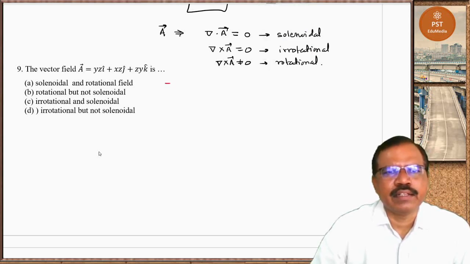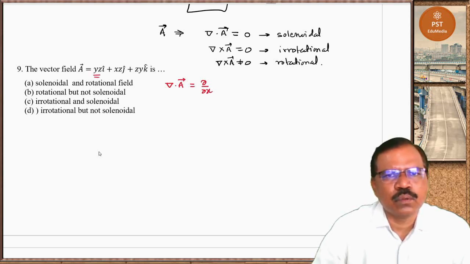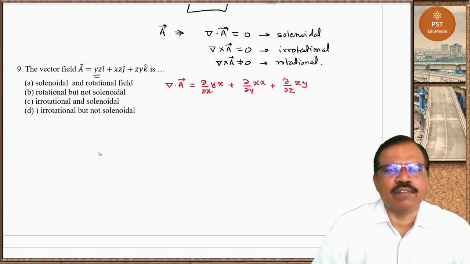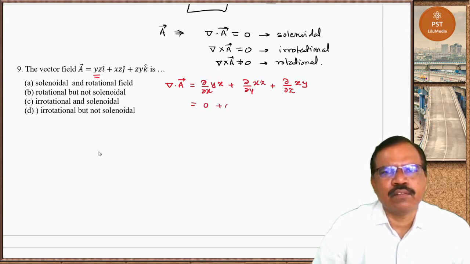So del dot A is ∂/∂x of Ax, which is yz, plus ∂/∂y of xz, plus ∂/∂z of zy. Now the first one is 0, the second one is 0, and the third one is y.